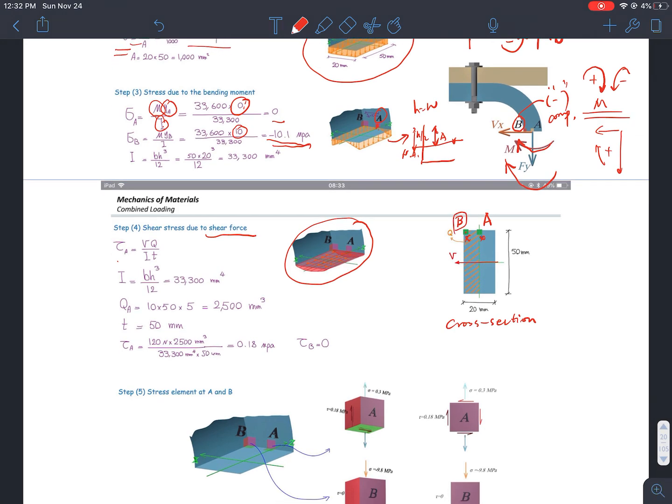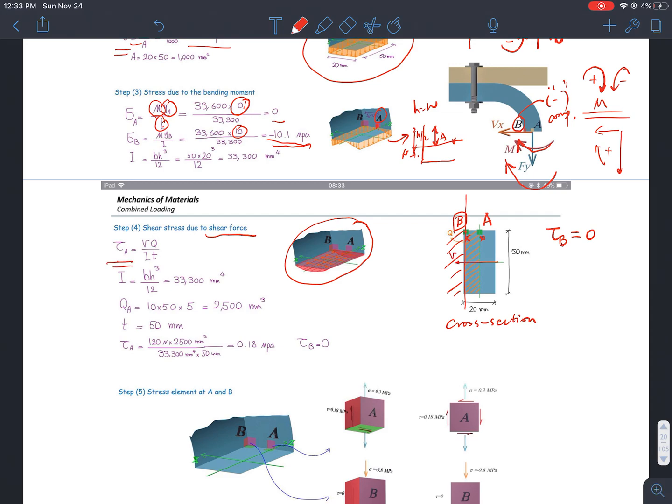So I immediately know that my B is in the corner here. If I want to do the Q for B, remember we draw a line across, perpendicular to the shear force, on the opposite side of it, but there's no area, isn't it? So I know that my shear stress at B would equal 0.